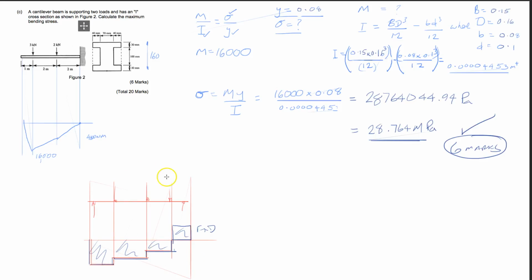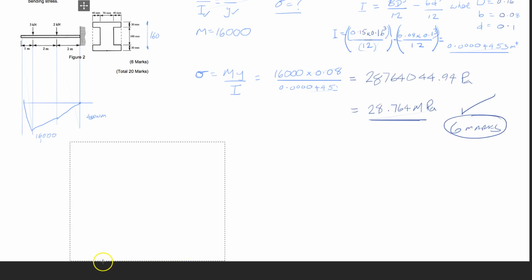Okay, we've essentially just skipped a stage here, and instead of working out areas and doing it the long-winded way, which is great if you're asked to do a shear force diagram as well, we're just going to use the basic principle that a moment is force times distance.